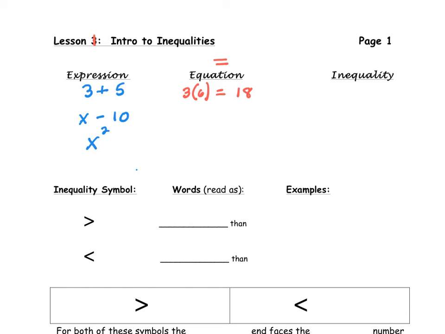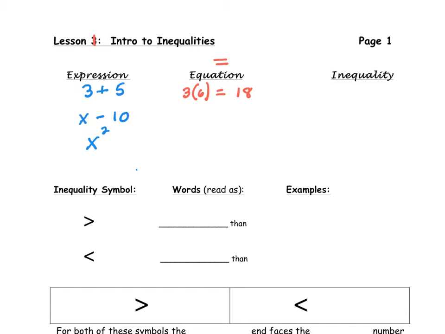So what's special about an equation is that both sides must have the same value. They might look totally different. This looks different than 18, but the value is equal. They're both equal on both sides. And I've heard an equation sometimes being defined as two expressions that are equivalent or equal. That's another way to look at it.